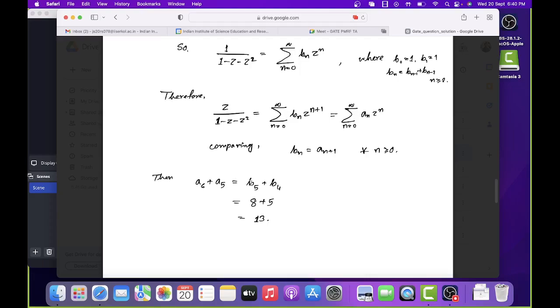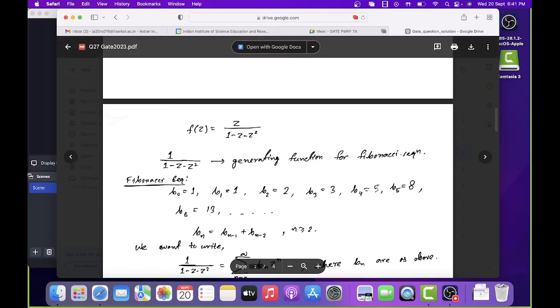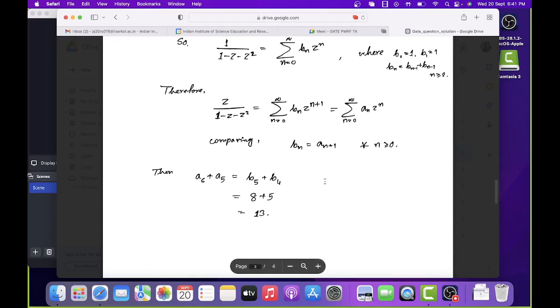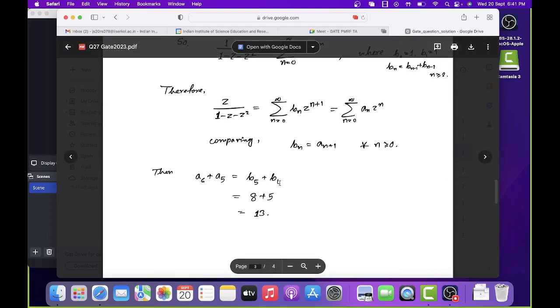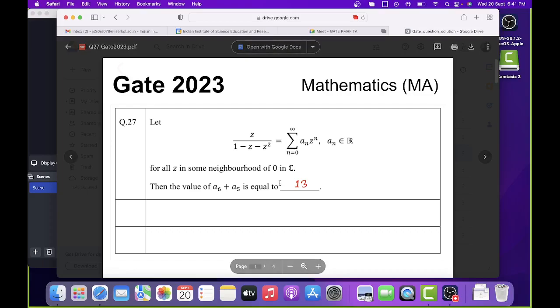It will be simply b5 plus b4, right? And what are b5 and b4? Because these are the Fibonacci sequence, you can just compute. We have computed earlier that b4 is 5 and b5 is 8. So it is basically the sum of these two. So 8 plus 5 is 13. So therefore a6 plus a5 is 13, right?